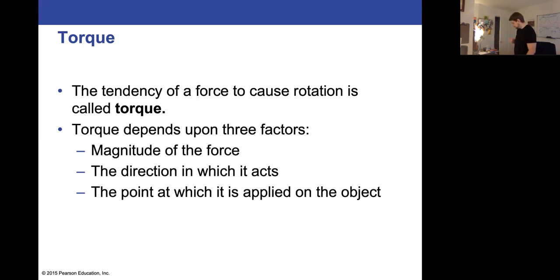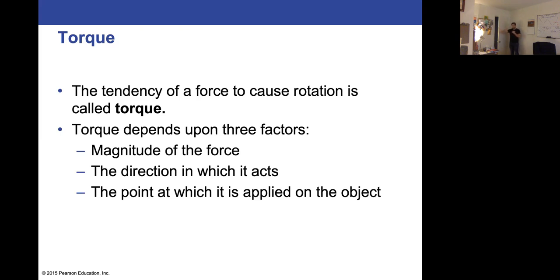And the direction of the force. If I want to close the door, I apply a force kind of at the door, at the plane of the door. If I don't do that, let's say I push this way into the room, it doesn't close as much.